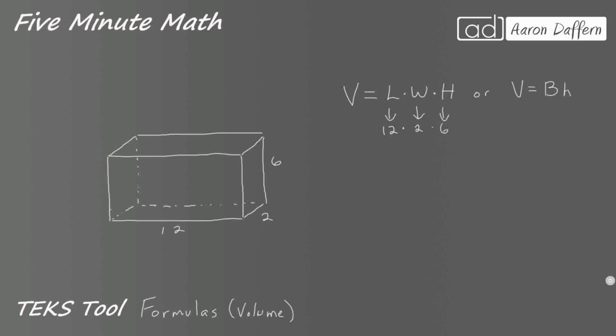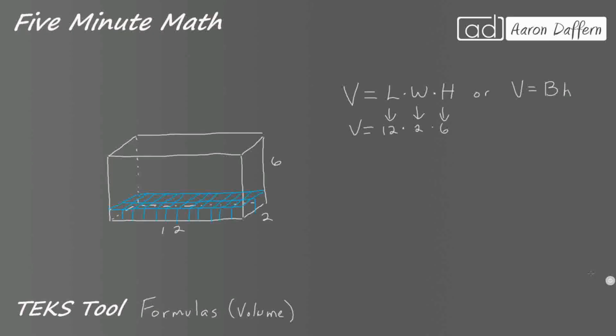And so if we wanted to find the volume of this, we could literally just multiply 12 times 2 times 6. Now let's visualize what's actually happening. We're looking at unit cubes, and we're looking to see how many cubes we can stack inside this particular rectangular prism.